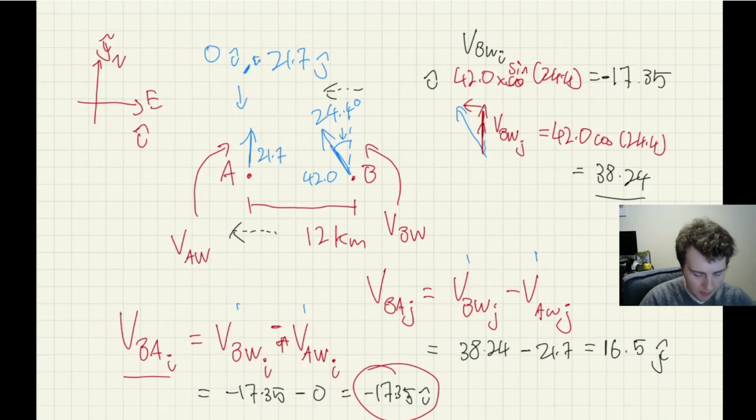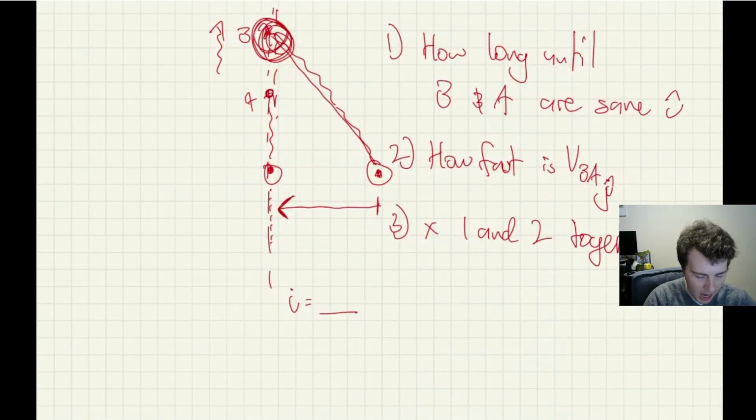So every hour, ship B moves 17.3 kilometers left relative to ship A. That's what this is saying, right? Because the velocity of ship B relative to ship A is 17.35 to the left, or minus 17.35 in the positive I direction. So question 1, how long does it take?